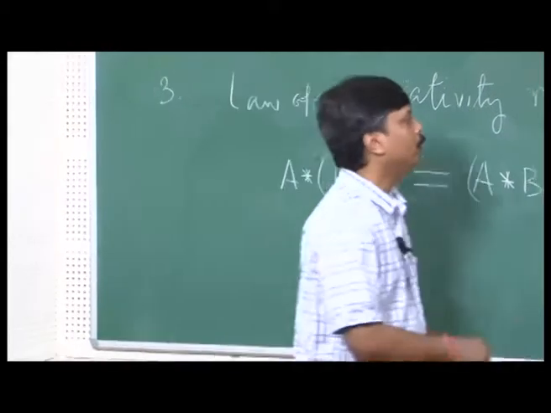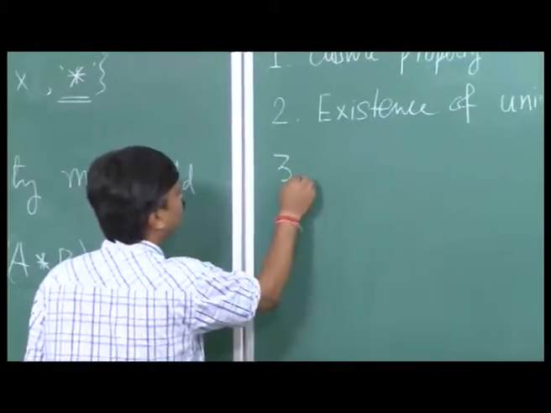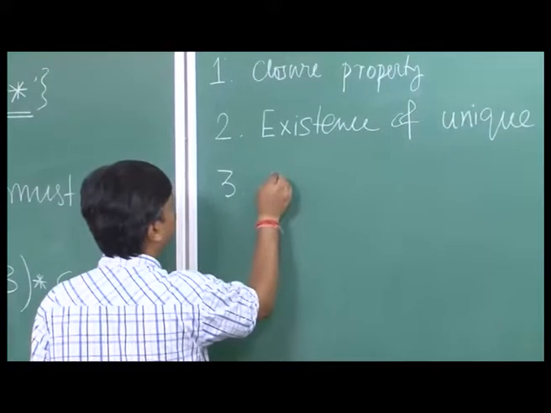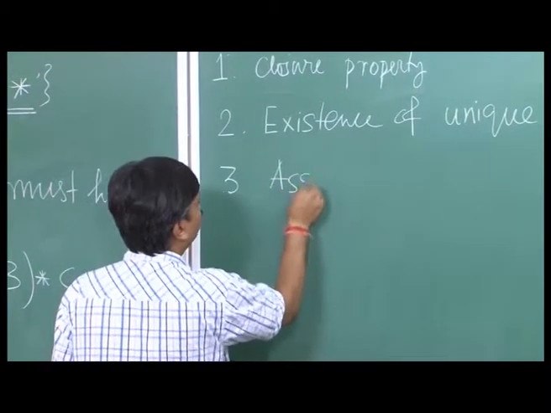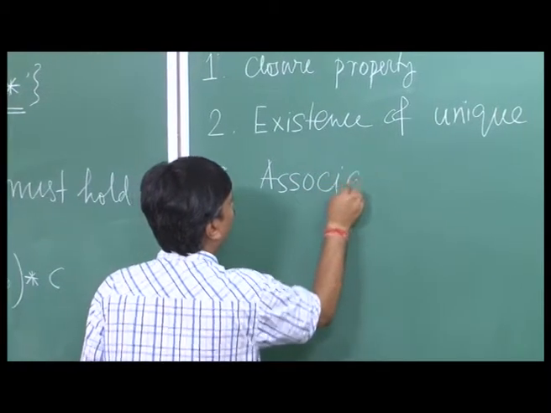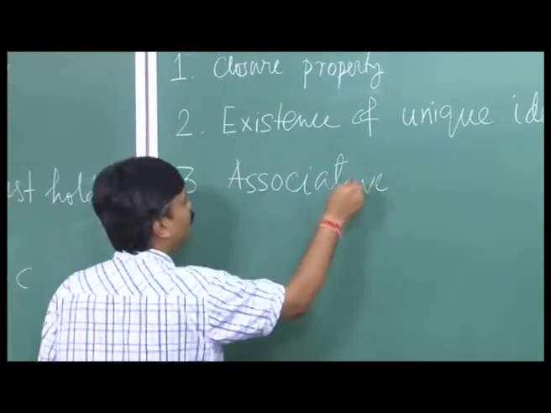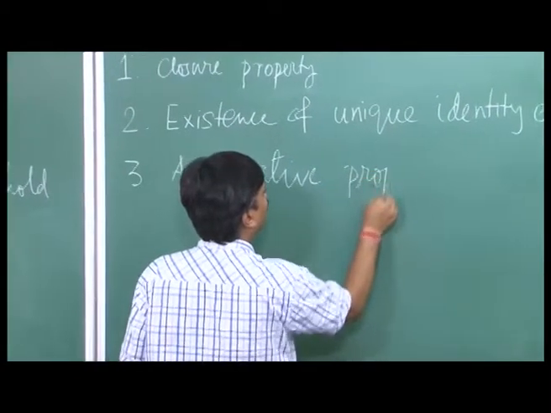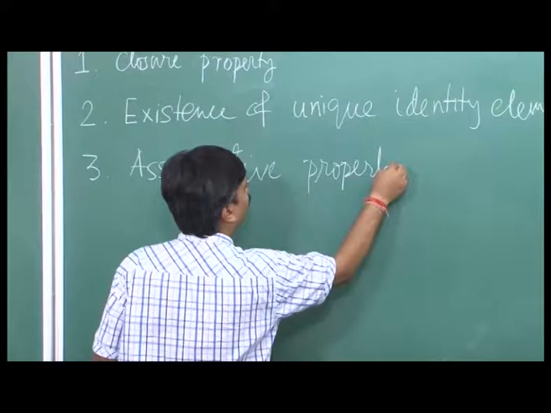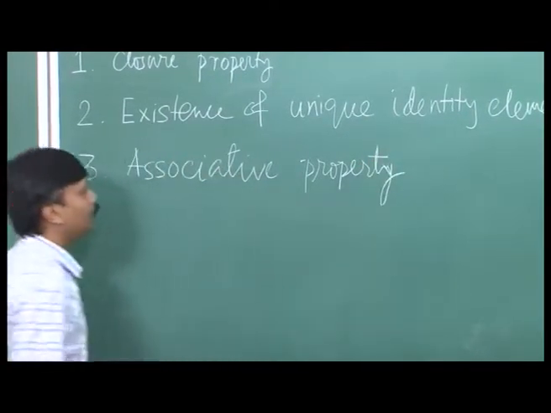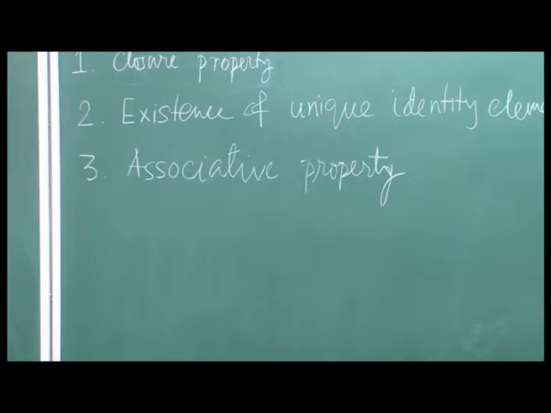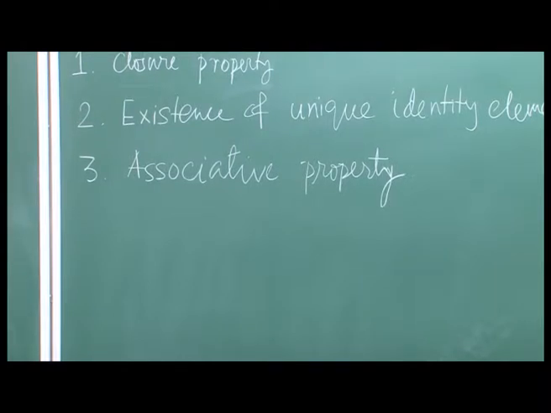Okay, so we got our third condition, that the set must have the associative property, and then we must have another rule that has to be satisfied.